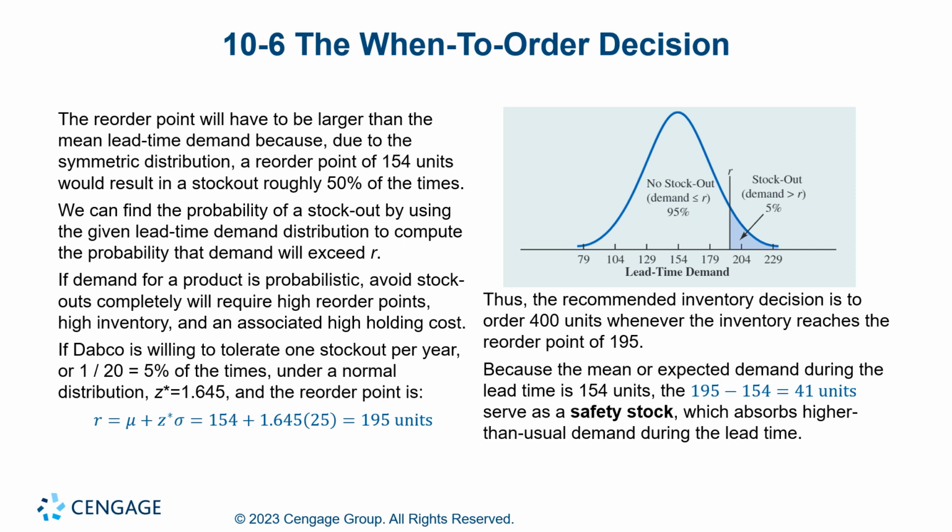So basically with these 41 units, we can say that 95% of the time, the 195 units will be able to satisfy the demand during the lead time.